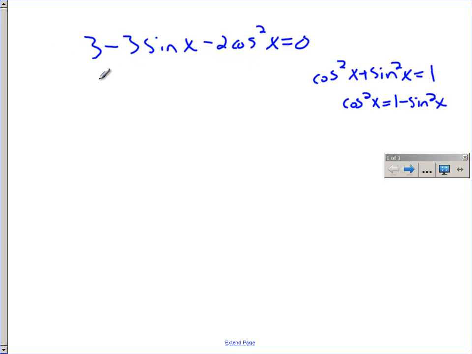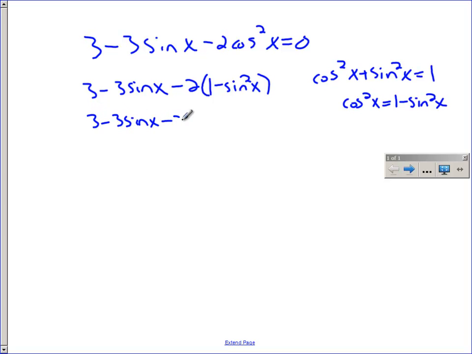So let's go ahead and substitute it in. 3 minus 3 sine x minus 2 times, you better open up parentheses here, that way you don't make a mistake with your distributive, cosine squared is 1 minus sine squared. Let's clean this up algebraically. I'm going to have 3 minus 3 sine x minus 2 plus 2 sine squared x equals 0.